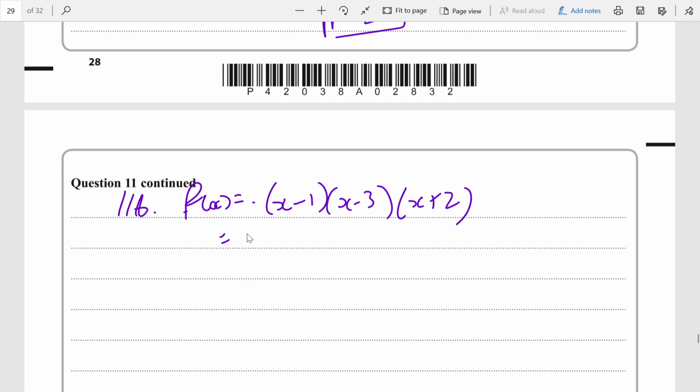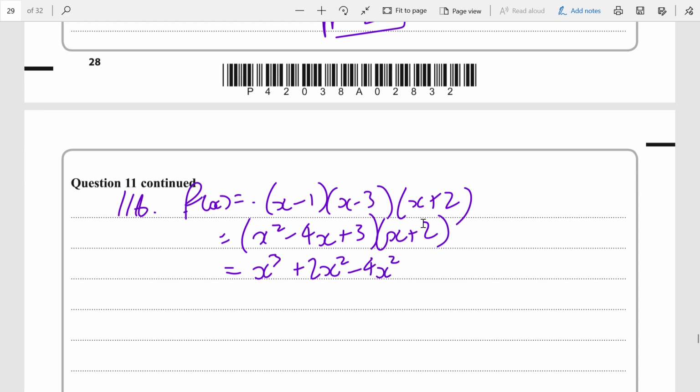And this is going to be equal to, first expanding these brackets, we get x squared minus 4x plus 3 is minus 1 times x, and minus 3 times x is minus 4x, and minus 1 times minus 3 is positive 3, times x plus 2. And then we get plus x cubed plus 2x squared minus 4x squared.